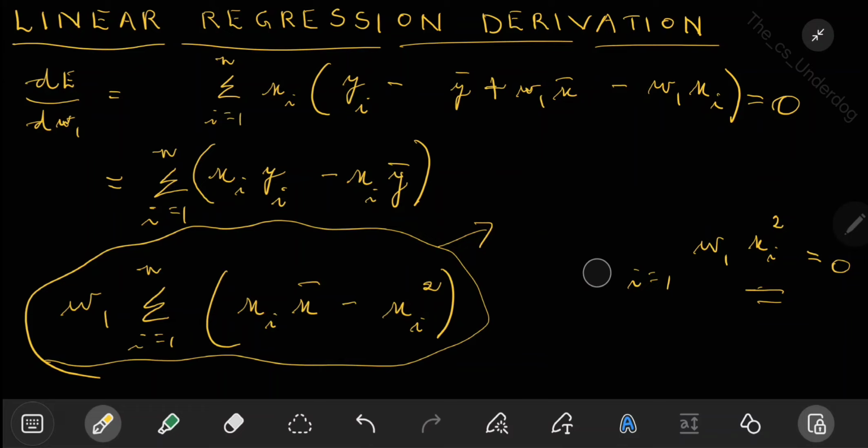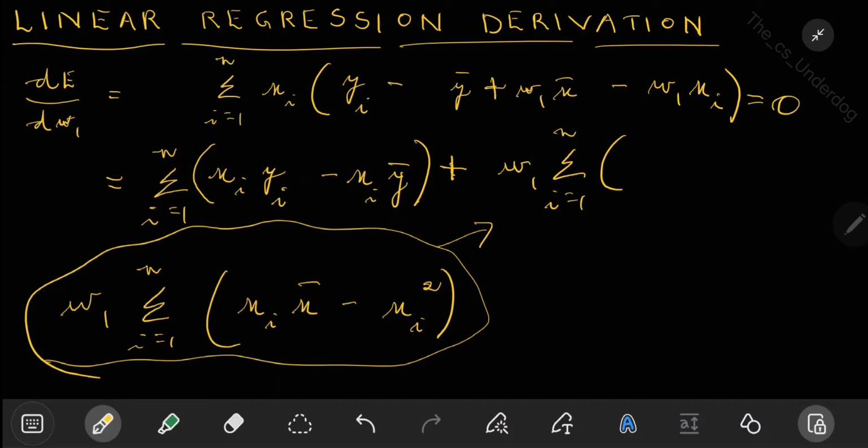Okay, so here I'll be substituting plus, it was minus, right? Oh no, it was plus only. Plus w1 into sigma i equal to 1 to n, xi x bar minus xi square, right? This will be equal to 0.